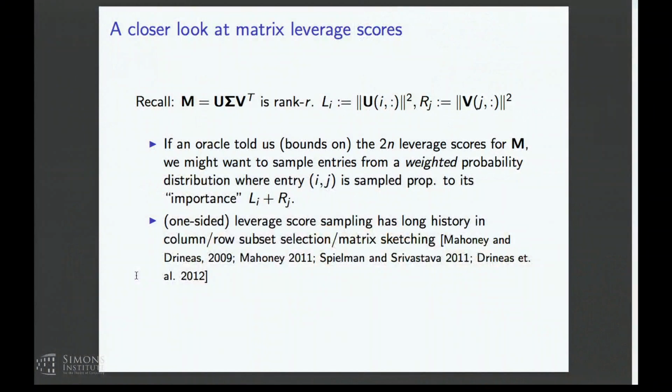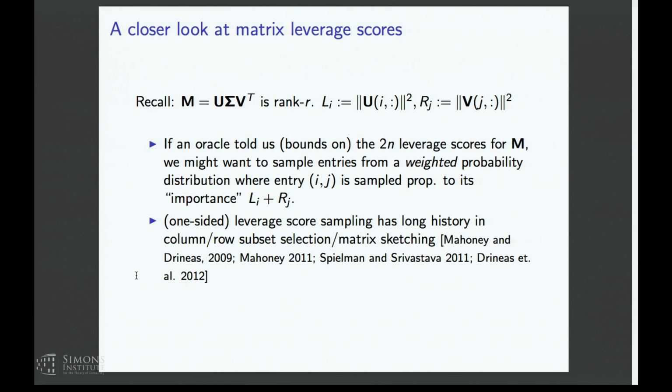That led us to take a closer look at how the sampling strategy is connected to the leverage scores. So again, remember that the leverage scores are just the angles of the left and right subspaces of the matrix with each of the n coordinate directions, or just the norms of each of the n rows of U and V.